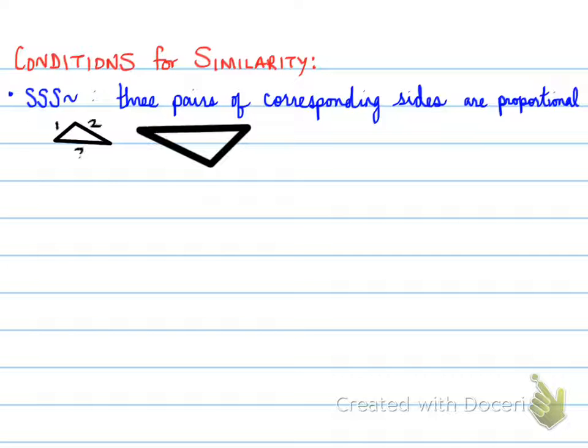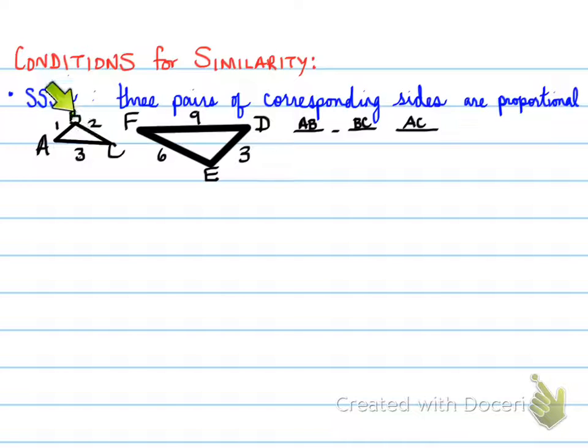So here's one given to you, 1, 2, 3, and 3, 6, 9, given the letters A, B, C, D, E, F. Now, AB, BC, and AC are on this side in this triangle, and we're going to compare it to this triangle.